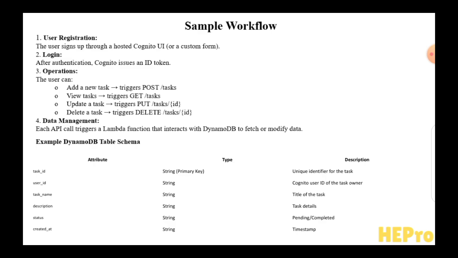In this workflow, you will see how the serverless task app handles users' actions end to end. First, a user registers via Cognito, which then issues an ID token upon login. All task operations like adding, viewing, updating, or deleting tasks go through API Gateway endpoints that trigger Lambda functions.